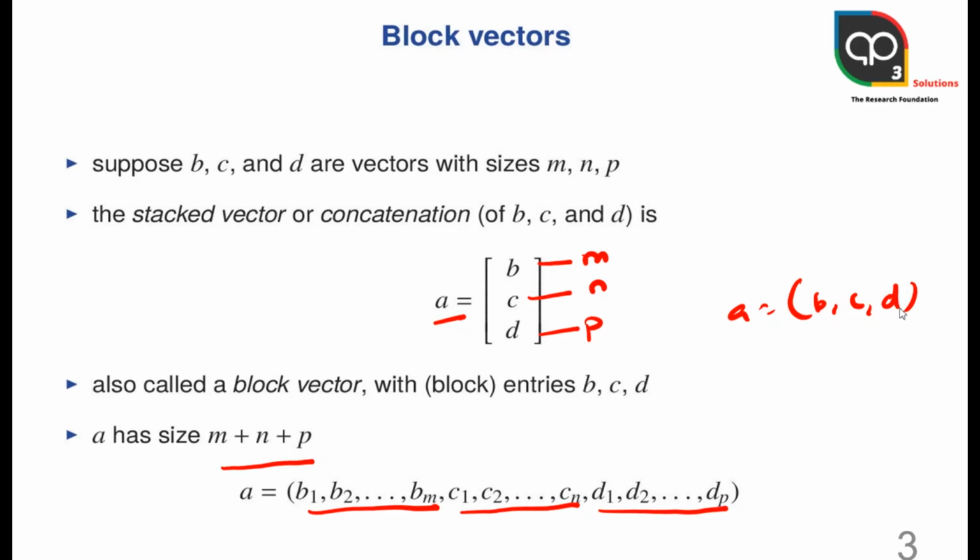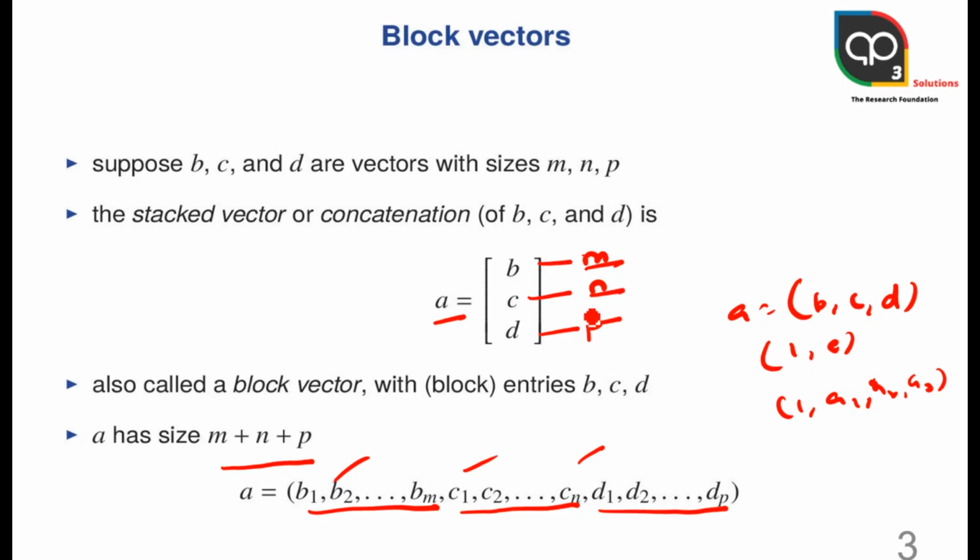For example, if a is a 4-vector with entries a_1, a_2 and a_3 and so on, then in this equation we say b, c and d are subvectors or slices of a, with sizes m, n and p respectively.